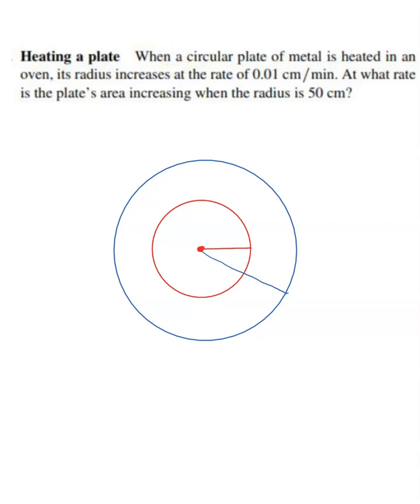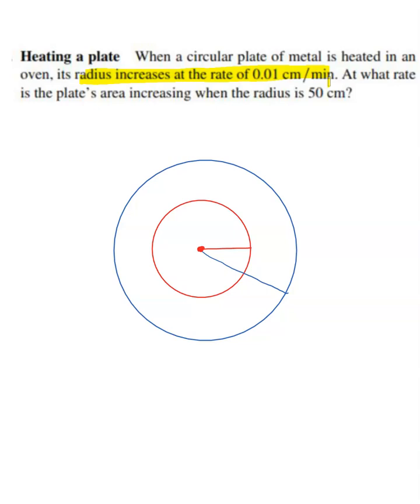Coming back to the problem, its radius increases at the rate of 0.01 centimeters per minute. You see the clue word there, rate. Rate of what? Rate of the radius. And how do I know it's increasing? The rate is positive. Secondly, I know it's with respect to time, not anything else, because it's centimeters per minute. It didn't say centimeters per foot or things like that, where the rate corresponds to some other variable.